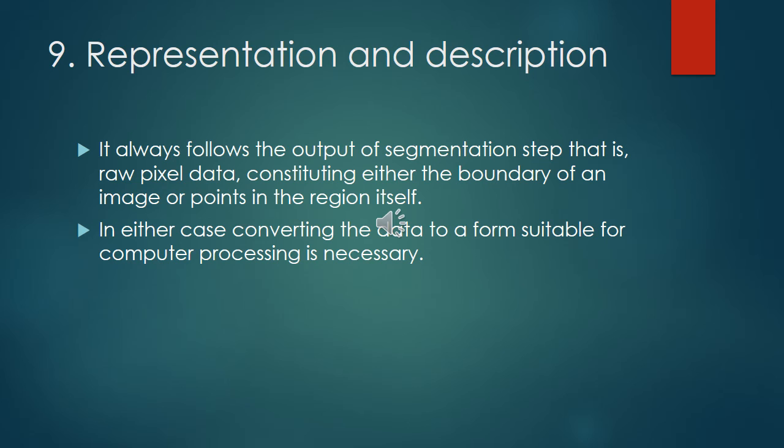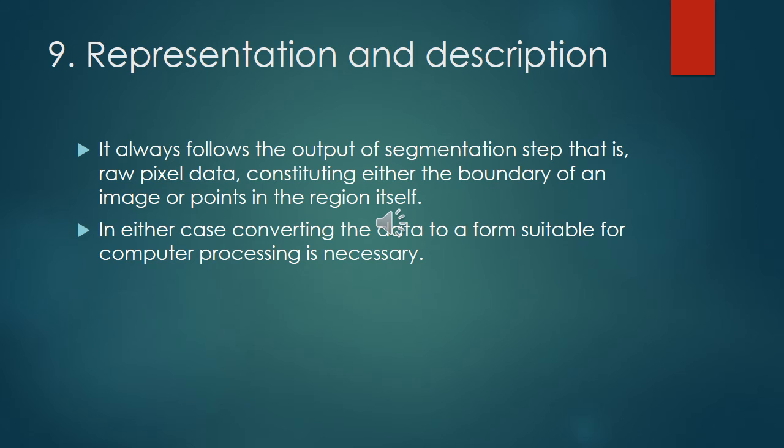Next step is image representation and description. Representation and description is critical for successful detection and recognition of objects in a scene. It always takes the output of the segmentation step, that is raw pixel data constituting either the boundary of an image or points in the region itself.